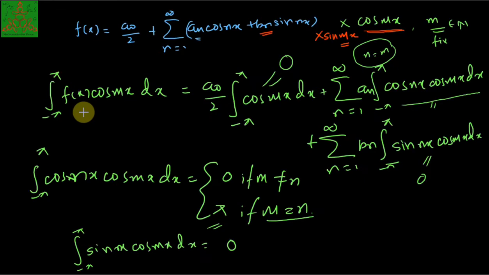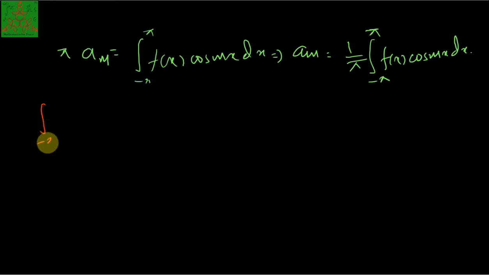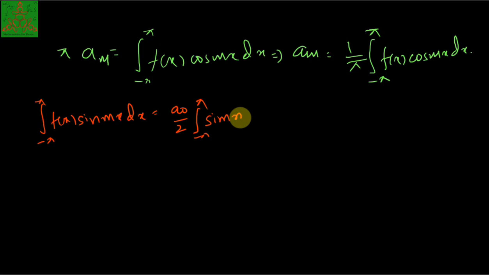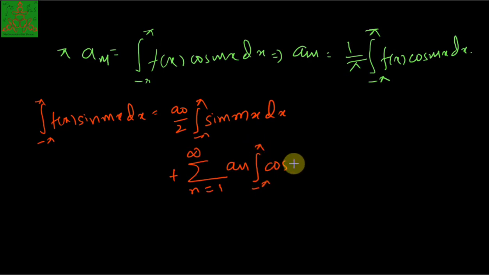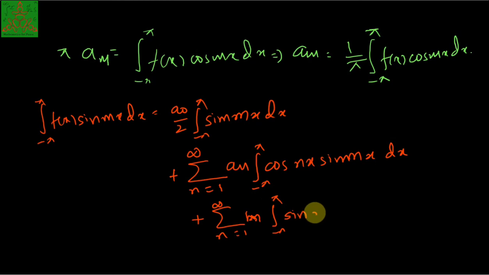So finally, we have the integral from minus pi to pi of f(x) sin mx dx equal to: the first one is a0 by 2 times the integral from minus pi to pi of sin mx dx, plus summation n running from 1 to infinity of an, the integral from minus pi to pi of cos nx sin mx dx, plus summation n running from 1 to infinity of bn, the integral from minus pi to pi of sin nx sin mx dx.